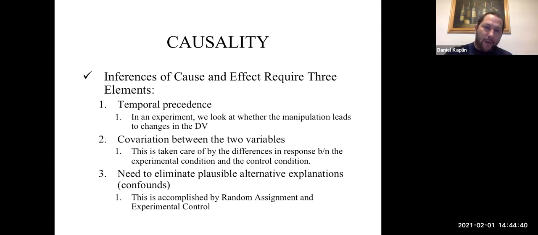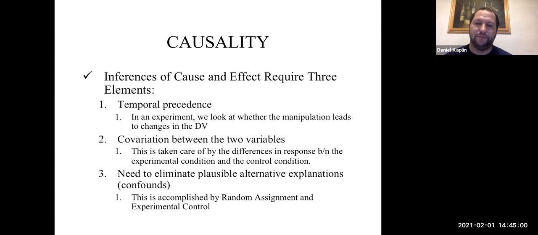However, upon introducing the independent variable, you should get differences as a function of the independent variable. So temporal precedence, temporal means time related, precedence means before, to precede. So the independent variable must precede the dependent variable in time.